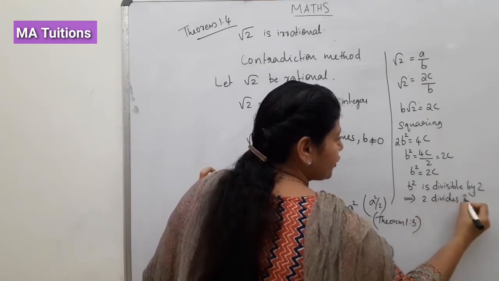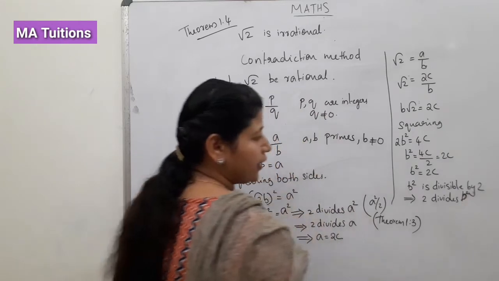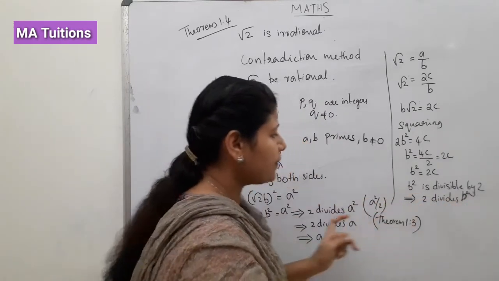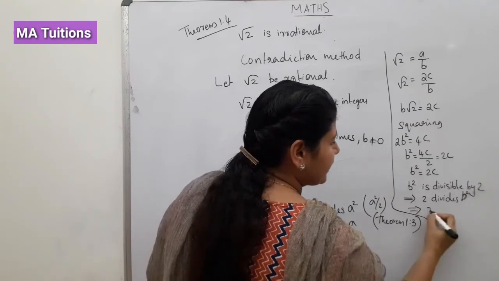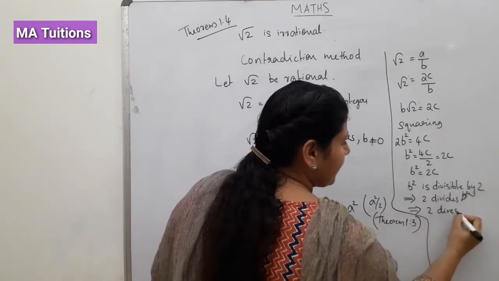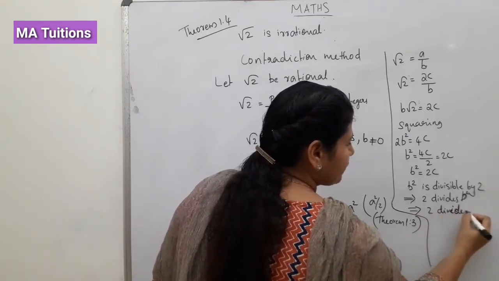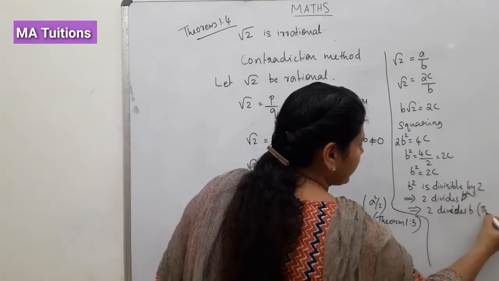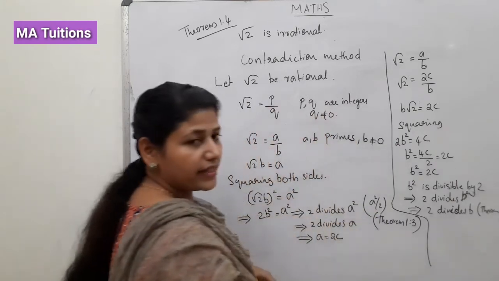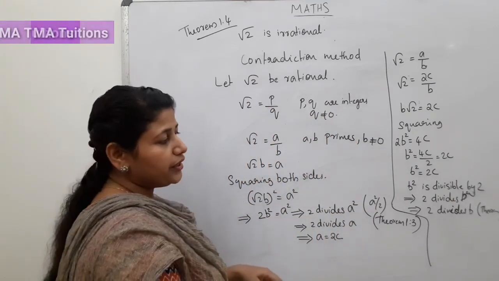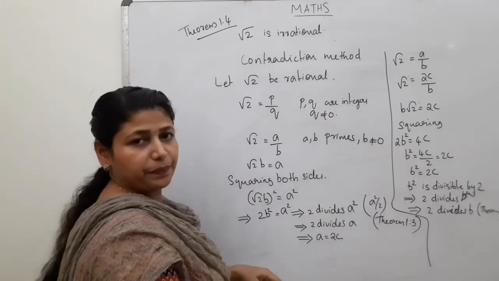Am I right? 2 divides B square. Again we are using that theorem 1.3. We can say that 2 divides B. Here also we are using theorem 1.3. So we can say that 2 divides B.